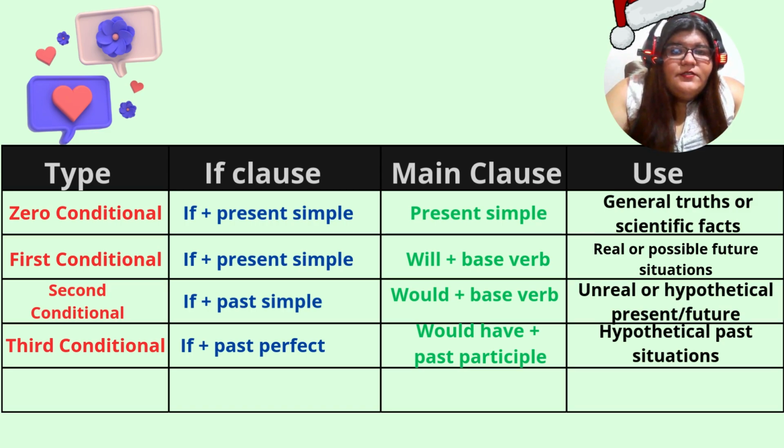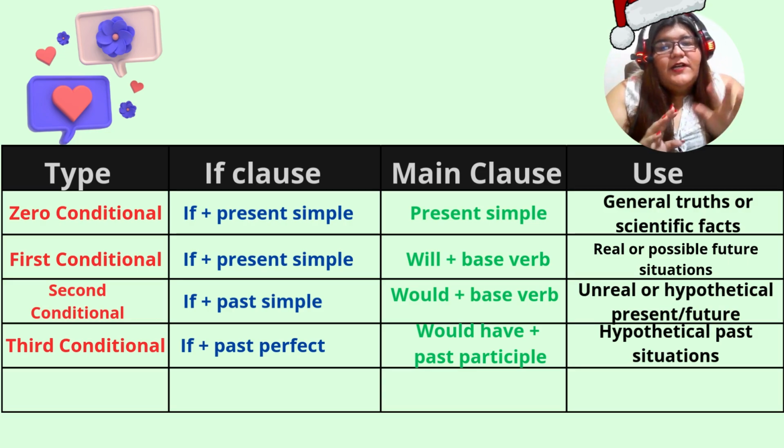And they are used for unreal or hypothetical present or future. Then we have the third conditional, and the if clause, if plus the past perfect, and the main clause we have would have plus the past participle, and they are used for hypothetical past situations. So guys, keep in mind, you can take a screenshot of this table because it is really well explained. It shows the main clause, the if clause, and the type of conditional we are talking about.